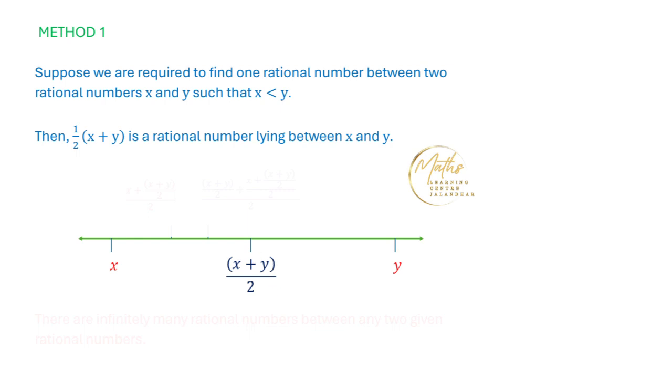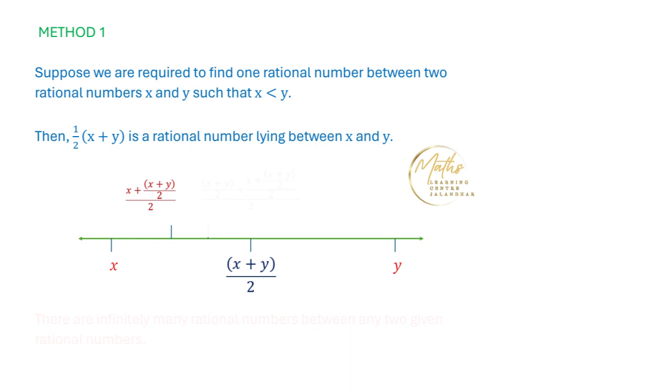The number in the middle of these two numbers we can calculate using the formula: we add x and (x plus y) by 2, and divide the value by 2, so we obtain another number. This number is in the middle of x and (x plus y) by 2.